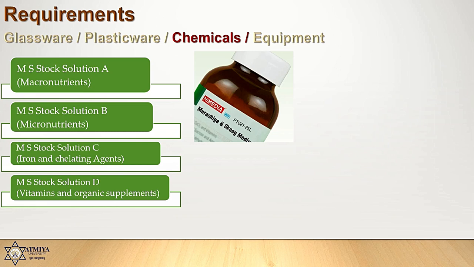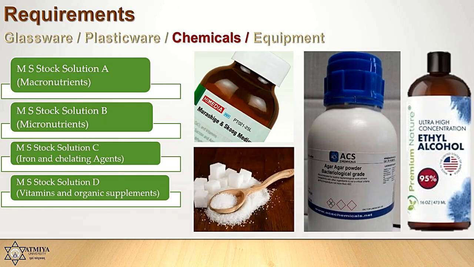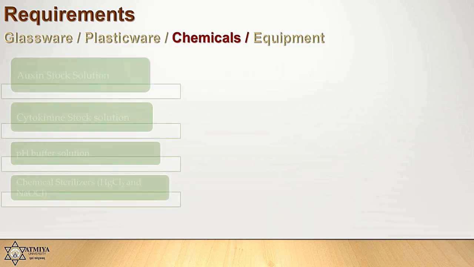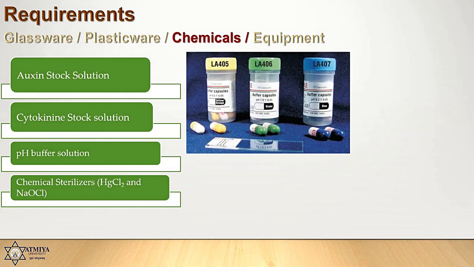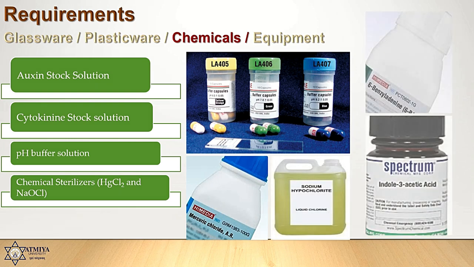Besides this, agar powder, sucrose and ethyl alcohol are also required. Other chemicals required are: auxin stock solution, cytokinin stock solution, pH buffer solution, chemical sterilizers like mercuric chloride and sodium hypochlorite.